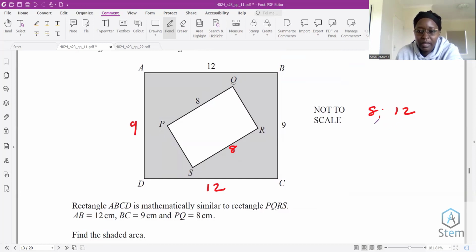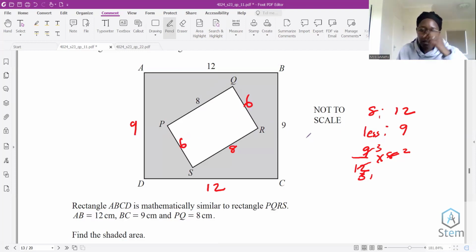Then what is 9 to what? It's going to be less. So I can say 9 over 12 times 8. 4 here, that's 3. 4 here, 2. 3 here, 1. 3 here, 3. 3 times 2, that's a 6. So this is a 6. This is a 6. Okay, fine.